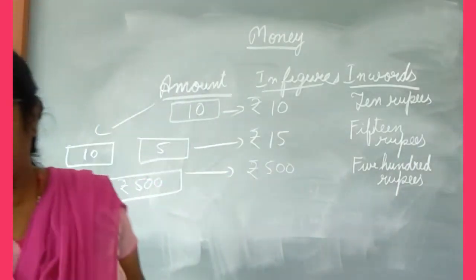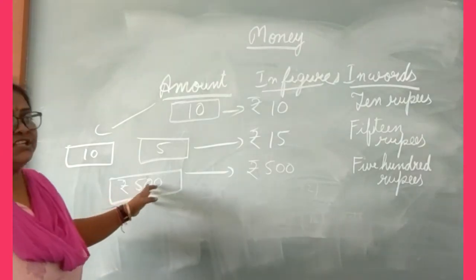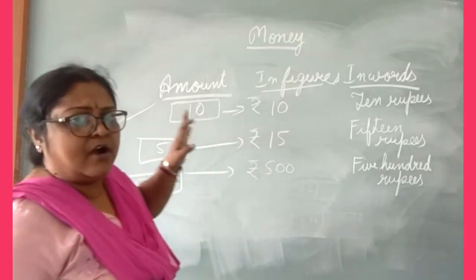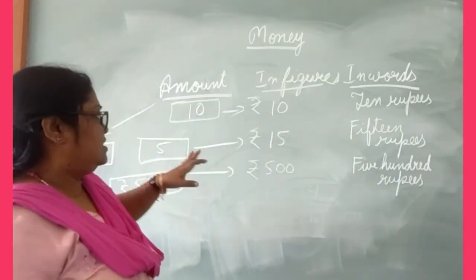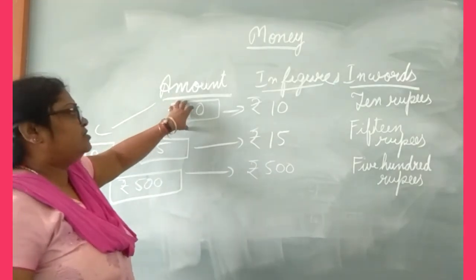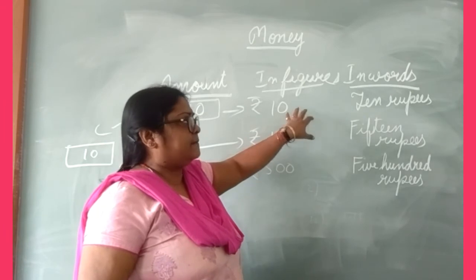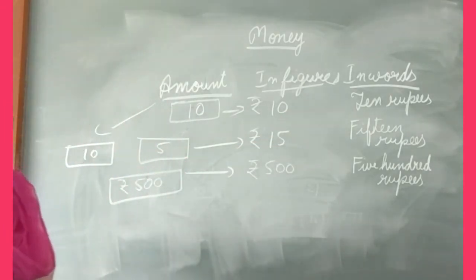After that, you have seen how you will write the amount in figure and in words. If the given amount is 10 rupees, in figure you will write rupees 10, and in words you will write 10 rupees.